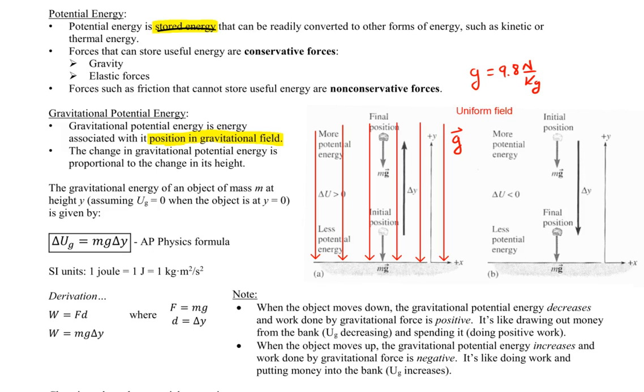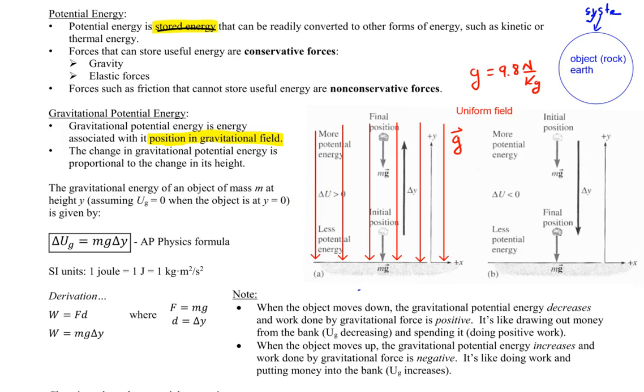So for our system, let's include the object right here plus the Earth. This circle represents my system, and inside my system is the rock and the Earth. And because we consider both the object and the Earth to be our system, we are really, in effect, including our gravitational field, which is represented by these red arrows.